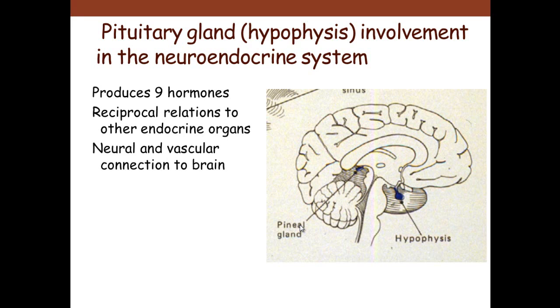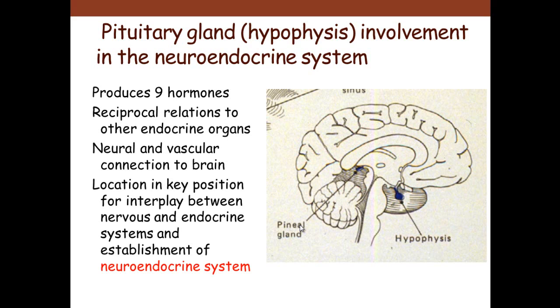And it has a neural and a vascular connection with the brain. So there are neurons that are connected, and also there's a vascular connection. And also the pituitary is located in the key position, just right under the hypothalamus. Hypothalamus right here, and the pituitary right there, for it to set up the establishment of the neuroendocrine system.